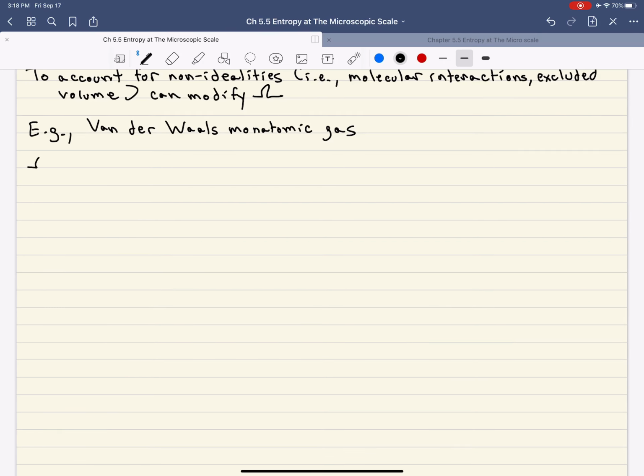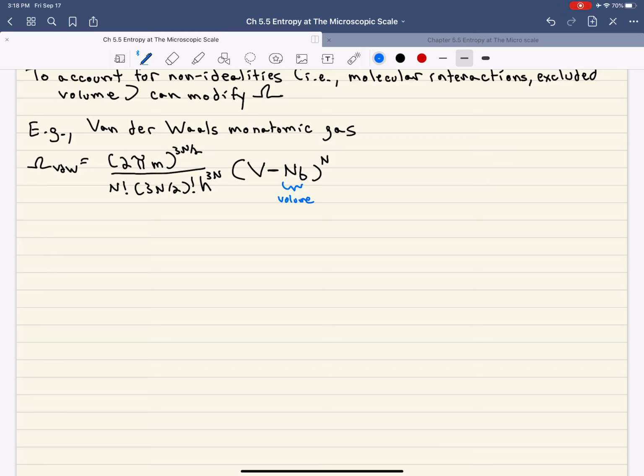And so for this omega VDW, it's basically almost the same as the result for the ideal gas, except in the volume term, you're going to subtract NB. And that's because this accounts for the volume of the molecules.